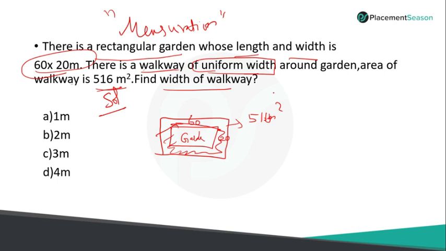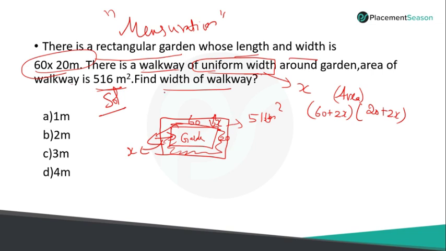Okay. So they have very clearly mentioned the width is constant. So let me take the width as x. So this length is x. Again, this particular width is also x. So what is the outer dimension? 60 plus 2x into 20 plus 2x. Okay. So this area is nothing but the difference of outer rectangle minus inner rectangle.